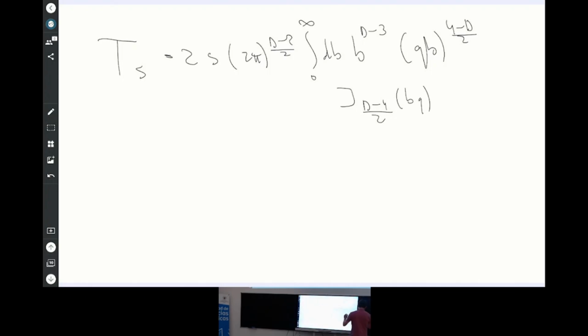And here you plug in the sine square of the tree-level phase shift that we computed in the first lecture.